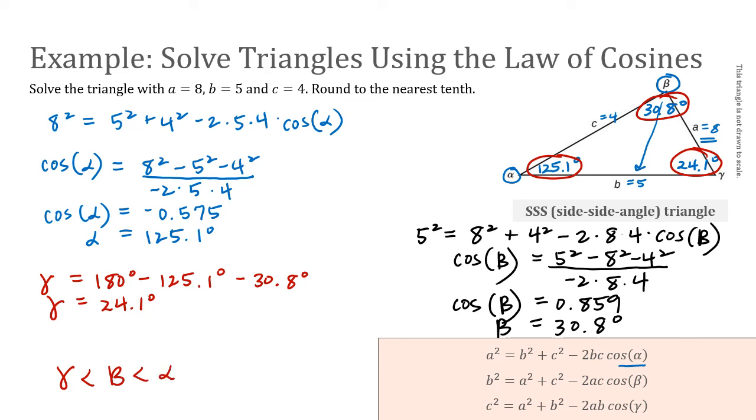And if that's true, then across from gamma is side C, and across from angle beta is side B, and across from alpha is side A. Is side C less than side B less than side A? And the answer is yes, and so that checks.